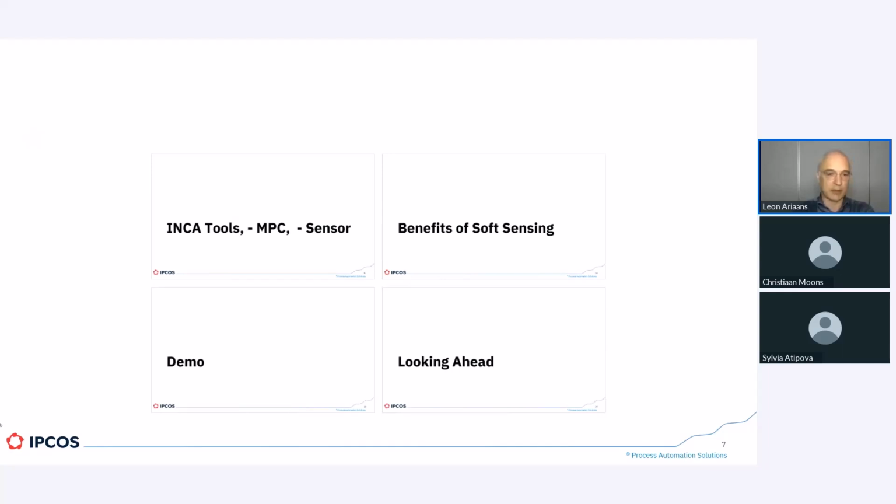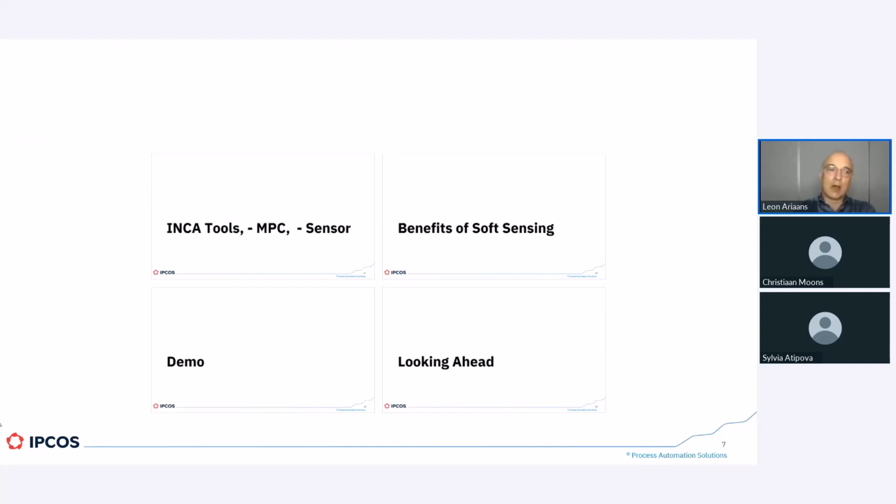Soon thereafter, we started working together with a company called ISMC. We knew several people from that company from the university days already. They had products called Rapid, which is now INCA PID tuner, and Presto, which is INCA Sensor, which is going to be the main topic of today.